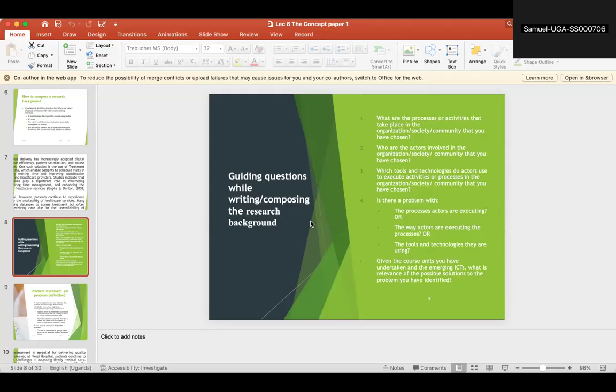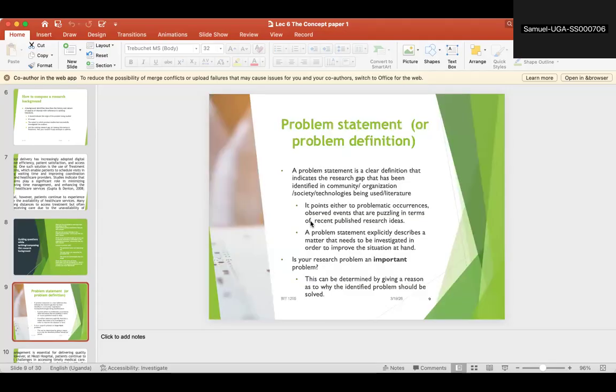The way actors or the users are executing the process, the tools and technologies they use, the course units you have undertaken and the emerging ICTs, what is relevant to the problem, what is the relevance of the possible solutions to the problem you have identified.